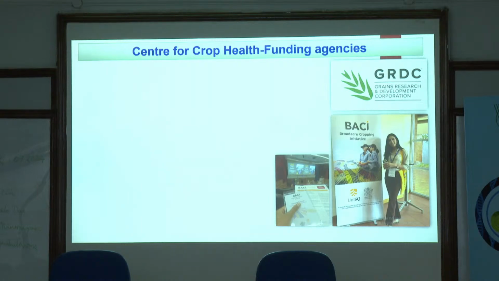One is the GRDC, the Grain Research and Development Corporation, and another is the Broadacre Cropping Initiative, the acronym for which is BACI. The GRDC is an Australian government funded autonomous body which provides funding as well as support for agricultural research, in terms of institutional research as well as industrial research. And the other one is the Broadacre Cropping Initiative, BACI. It is a Queensland government centered funding agency which gives funding at the state level.